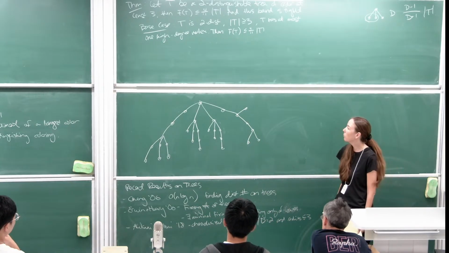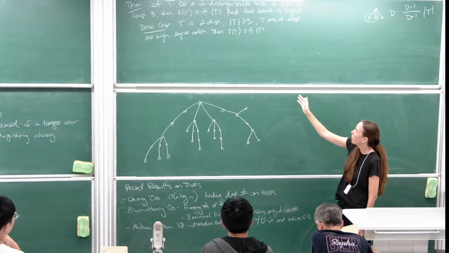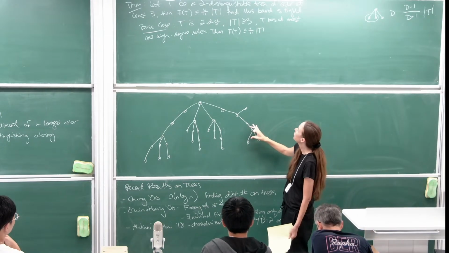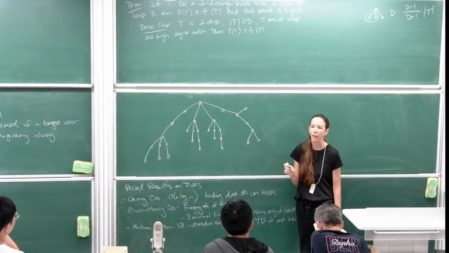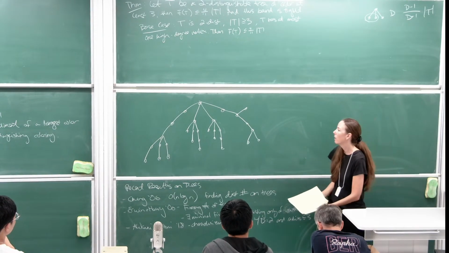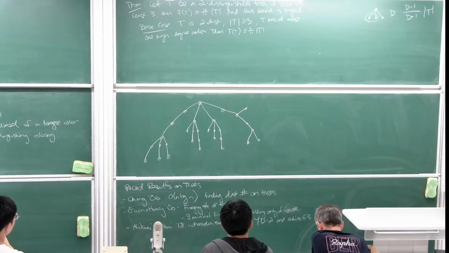Okay, so I've got something like this. And so what I'm looking for in here are sort of smaller structures that are 2-distinguishable and then have these high degree vertices. Okay? But I don't care about all the high degree vertices. So in particular, I don't care about the root.